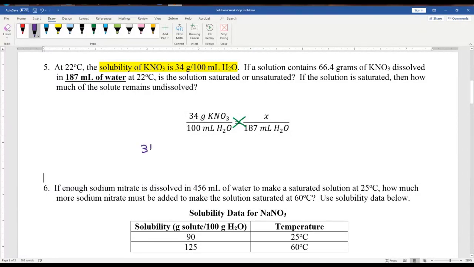In this case I'd have the 34 grams of KNO3, and I'd be multiplying that times 187 milliliters of water, which is the bottom of the other fraction.